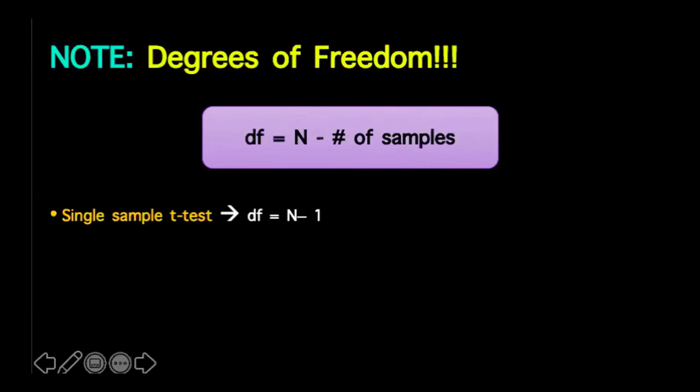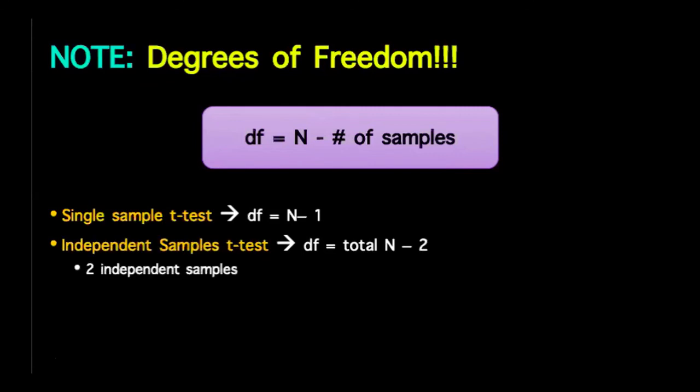So if we're using a single sample t-test, obviously we have a single sample, so degrees of freedom is going to be n minus 1 for 1 sample. If we have an independent t-test, we have 2 independent samples or 2 separate sets of people. So we take the total sample size of the 2 groups combined and subtract by 2, which is representing the 2 samples that we've collected.